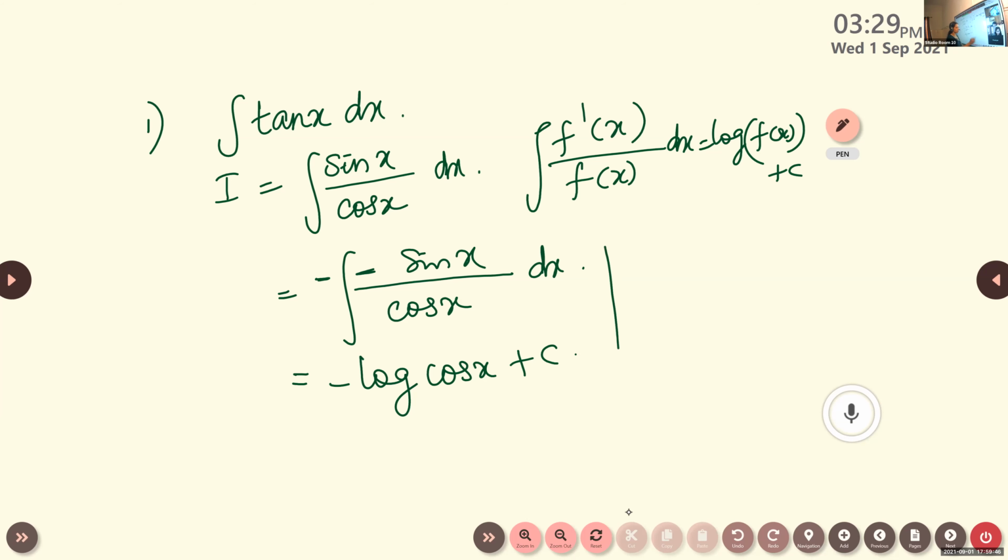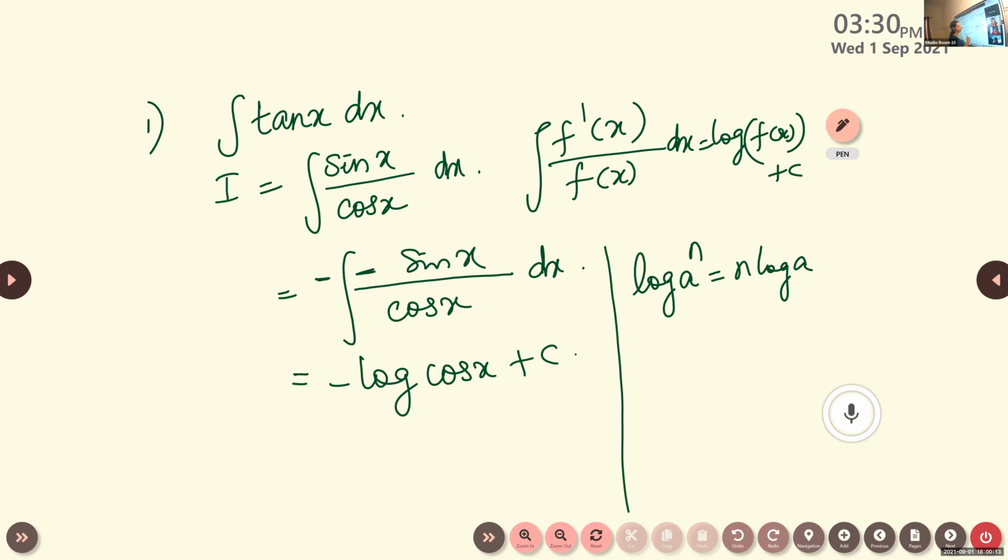Now listen, children, don't write, first listen. What is log a raised to n? We have learned so many properties, logarithmic properties. Whenever power is there in logarithm, it will become, yes, Gauri, n into log a.